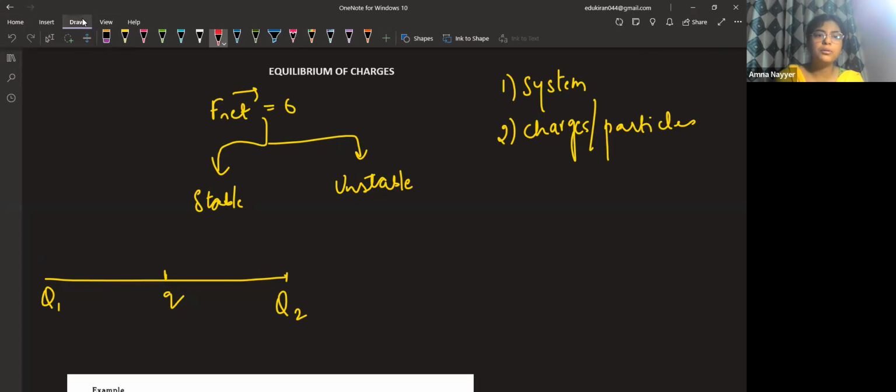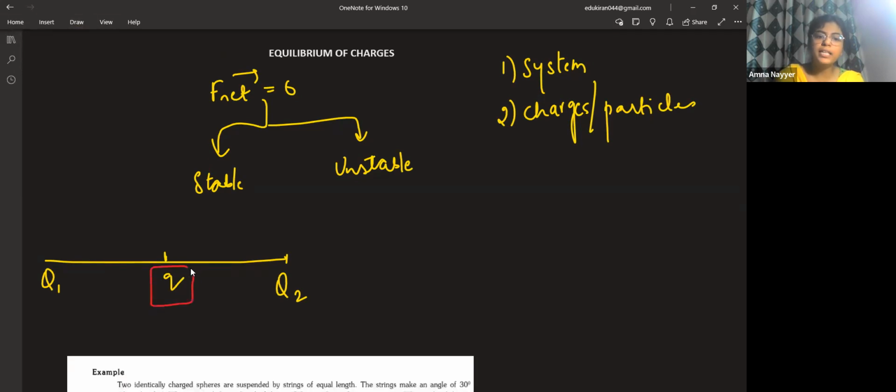Suppose I'm talking about small q. I have to check whether the net force on small q is zero or not. This was system equilibrium, and now we are talking about a particular particle's equilibrium.